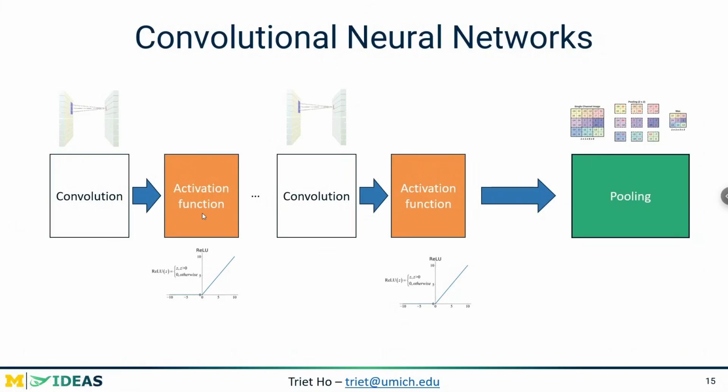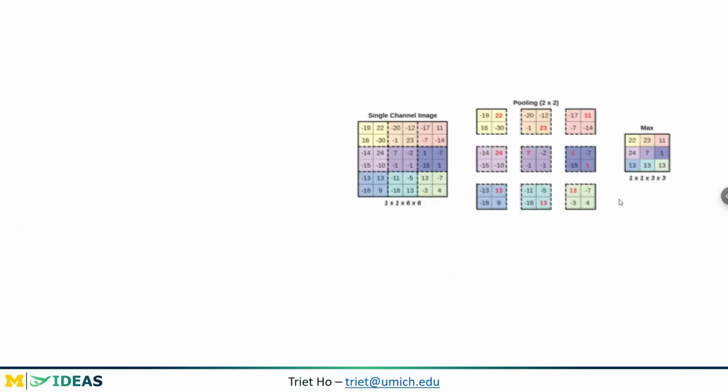Then we can repeat that: another convolution and another activation function. Every time we do this, we capture features in that dimension, and we do it until we think we've captured everything we can in that dimension. Then we do what's called pooling. We're going to decrease the dimension.